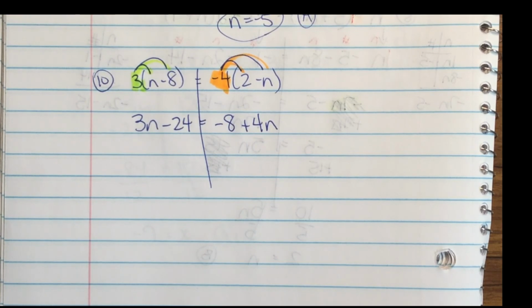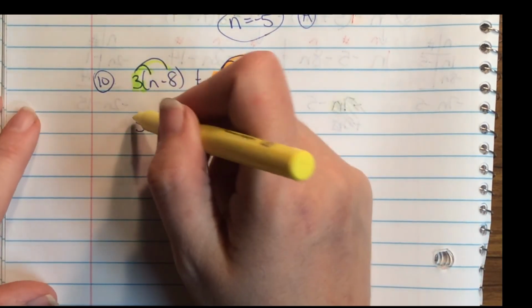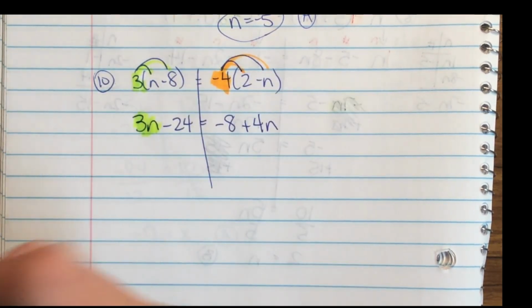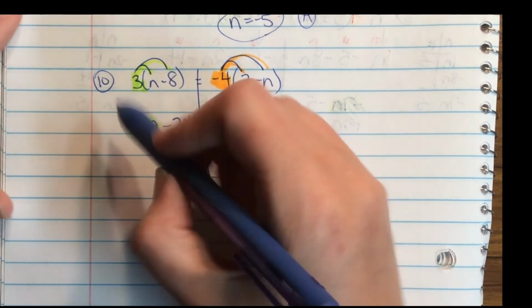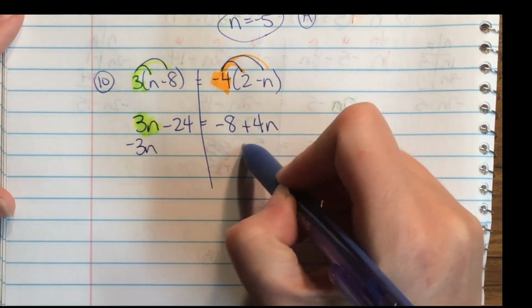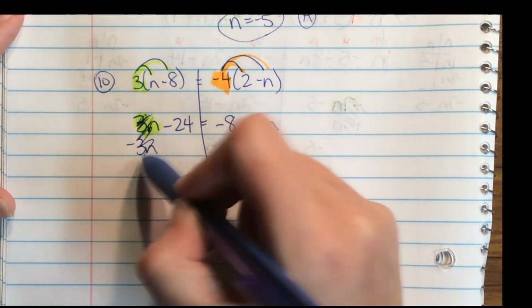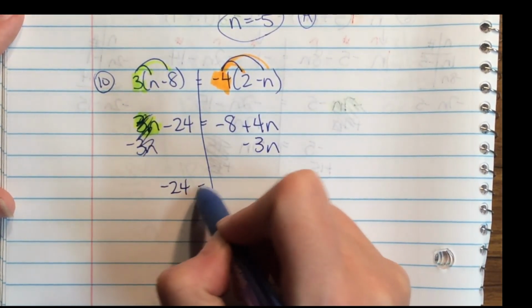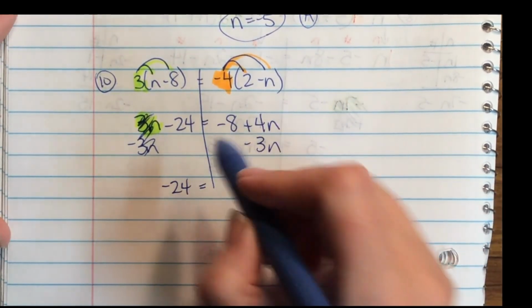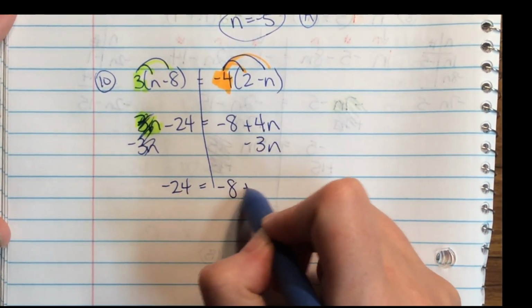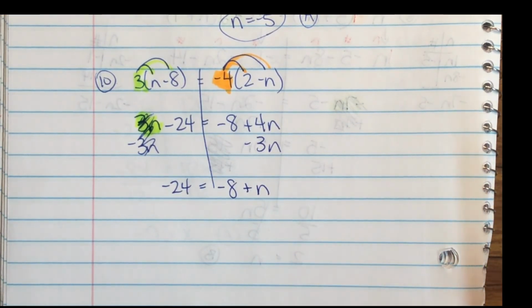So now I'm going to decide which n to move, 3n or 4n. Well, 3n's smaller, so that's the one we're going to move. So we're going to subtract 3n, and I get negative 24 equals negative 8 plus n, or 1n. It doesn't matter, you don't have to write the 1.